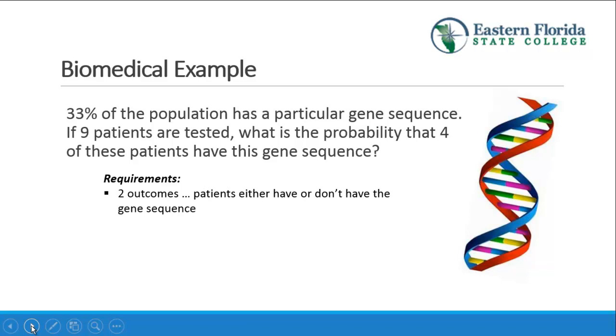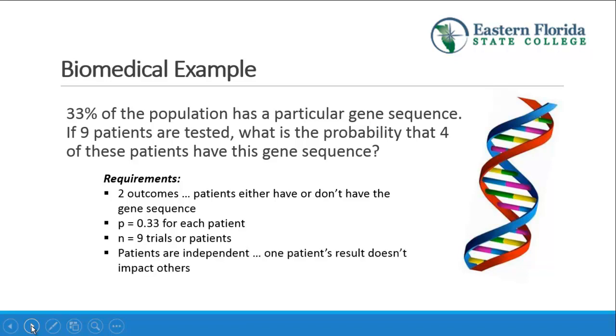First, are there 2 possible outcomes? Yes, patients either have or don't have the gene sequence in question. Second, there is a constant 33% probability of any patient having this gene sequence. Third, there are 9 trials or patients specified in this problem, a concrete number of trials.